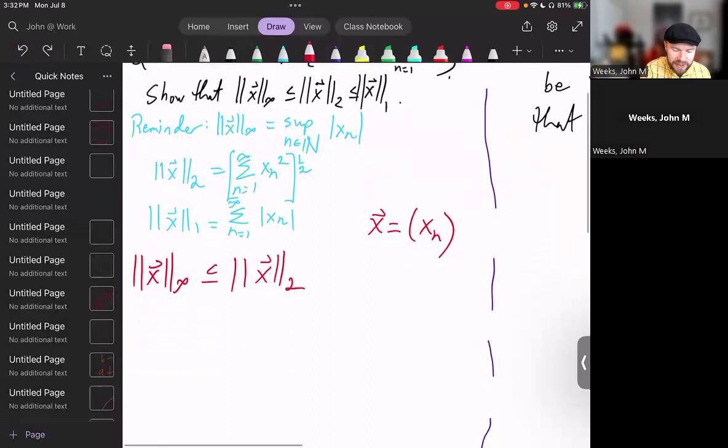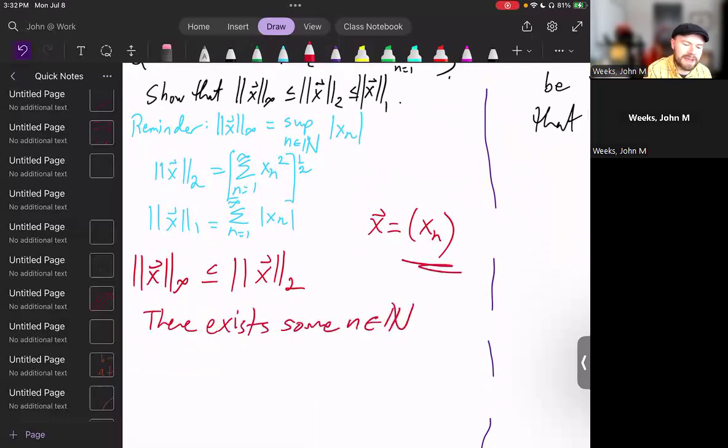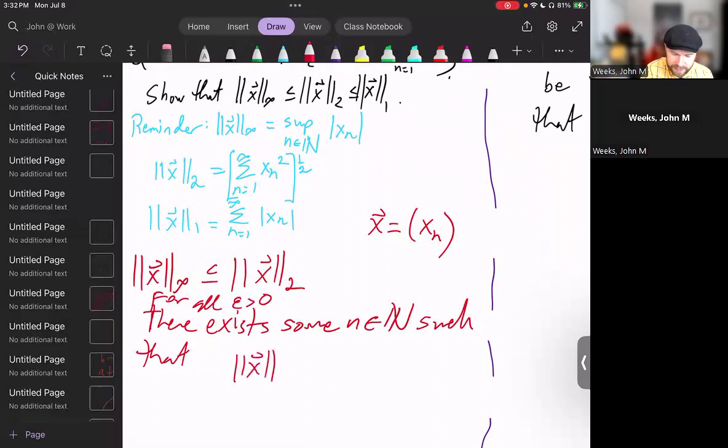That means that there is going to be some element n in the natural numbers and some element of the sequence that corresponds to x of n, such that, for all epsilon greater than 0, the norm of x infinity minus epsilon is less than this x of n value, at least in absolute value, is less than the norm of x.